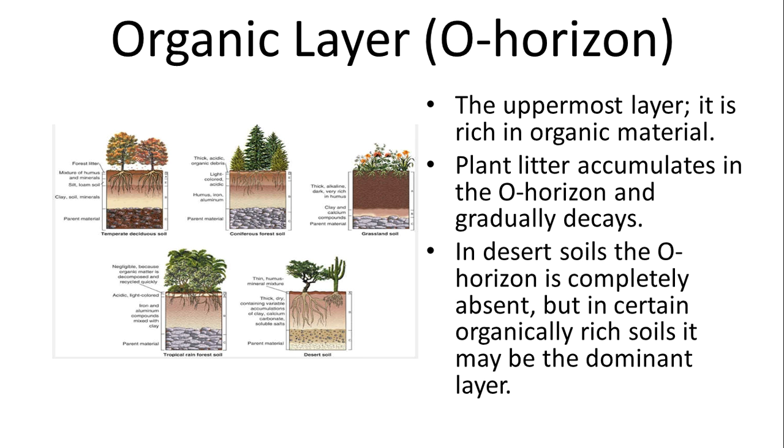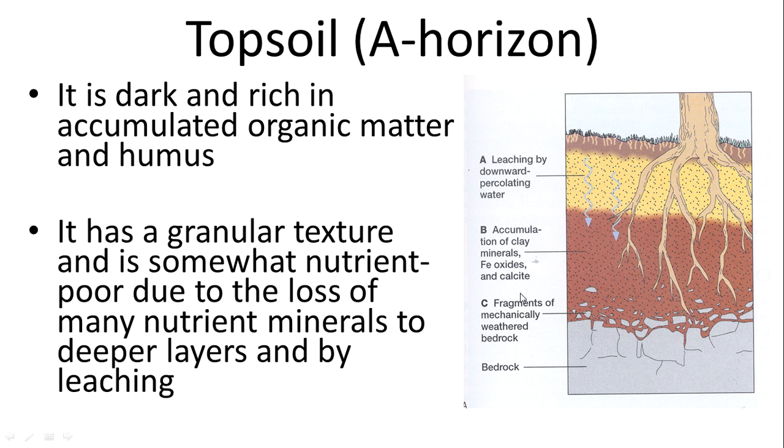And so in deserts, the O horizon is totally absent. But in other soil horizons, you have a very, very rich layer, just like this here in the grassland, like I told you before. Topsoil is dark and very rich in organic matter as well.